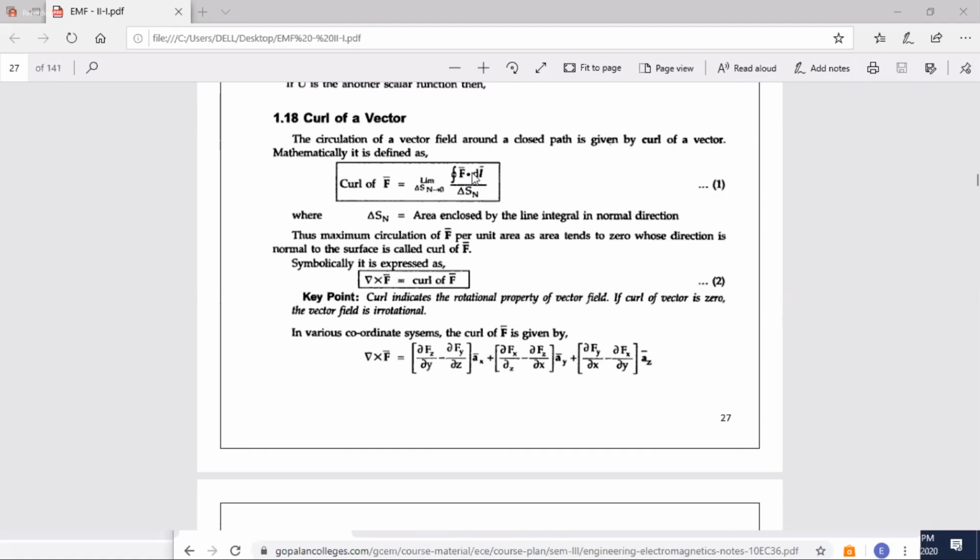Remember, F is a vector, dl is a vector, over delta S normal. So when you say delta S normal, you can think of a conductor, right?